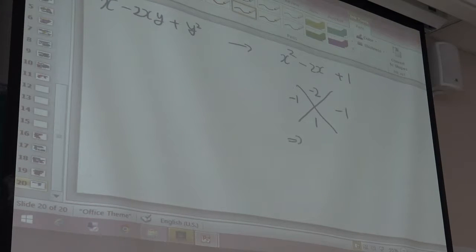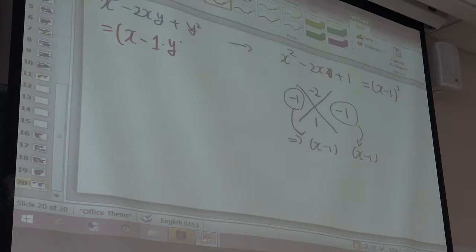So from this we get x minus 1, and from this we get x minus 1. So this is x minus 1 squared. Now instead of just 1, we actually have y squared. So just replace with the y and y here.